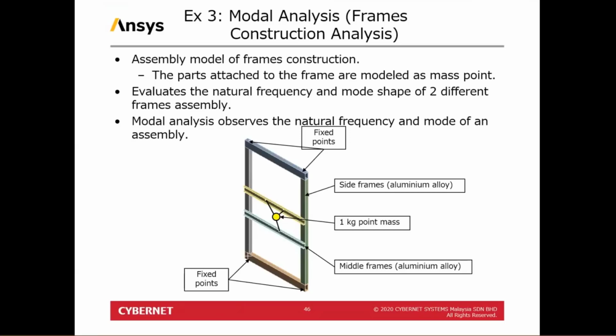Note that for the middle mass, instead of using an actual model of mass, we just put something that we call a point mass, 1 kilogram of point mass. This way, like I mentioned before, we can reduce the simulation time and also simulation cost. So now let's get to the demonstration.